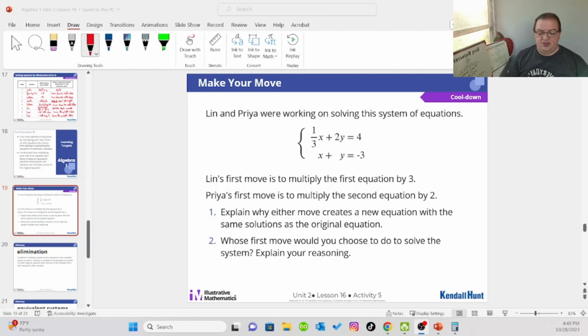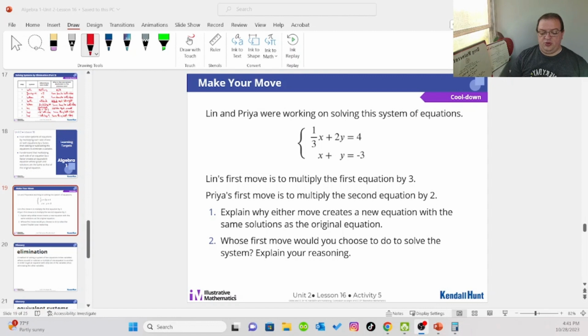Explain why either move creates a new equation with the same solutions as the original equation. It doesn't matter what you multiply by, as long as you multiply every part of the equation by the same number. This just gives you a multiple of the original equation, and you will still have the same exact solutions. It is still the exact same line.